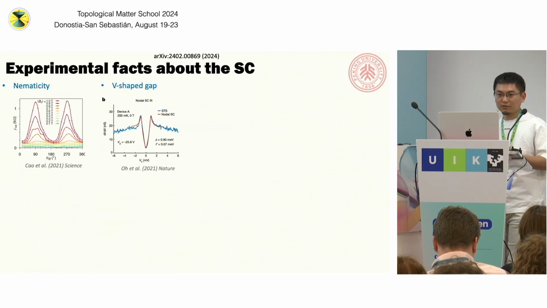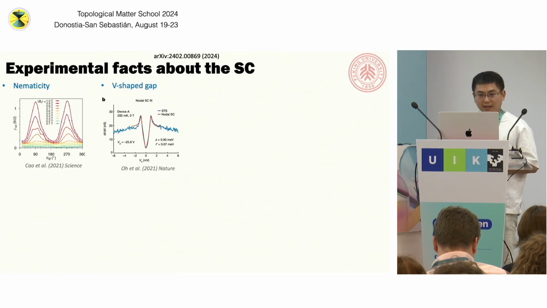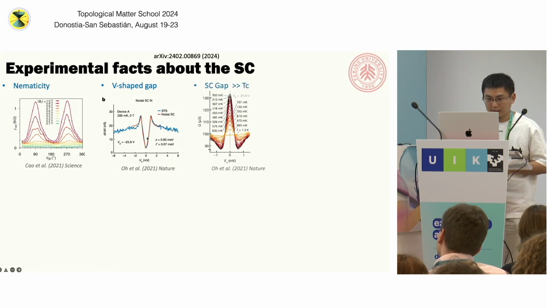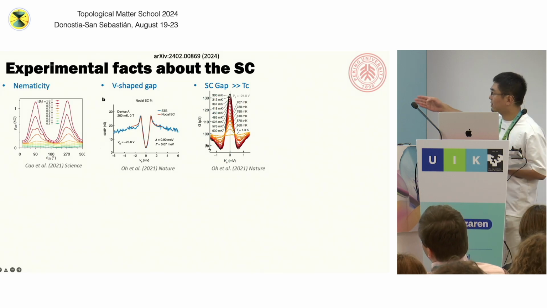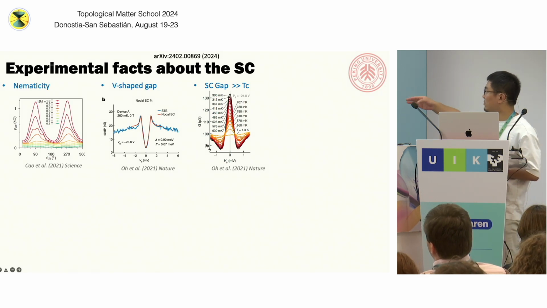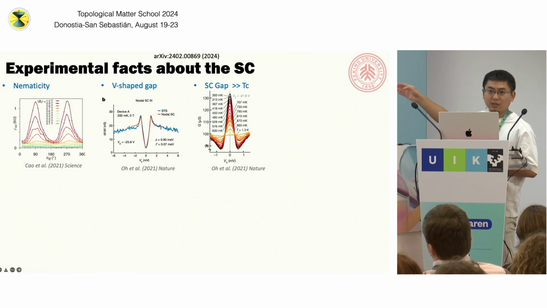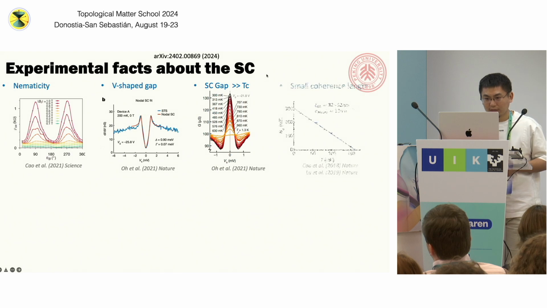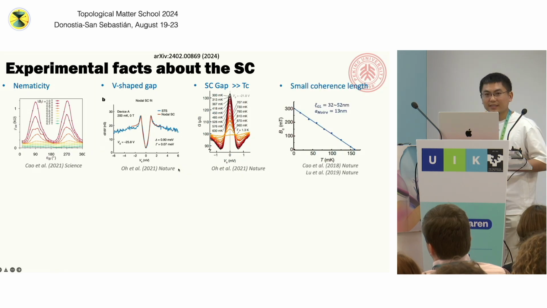As also discussed in the last talk, half an hour ago, the gap shape measured in STM shows a V shape, and one can compare the size of this gap to the superconductor critical temperature, and it turns out that the gap is much larger than the critical temperature. So this reveals a BEC-like pairing.